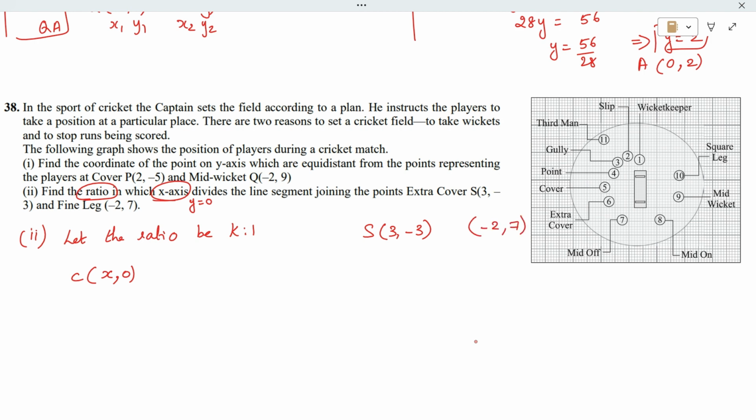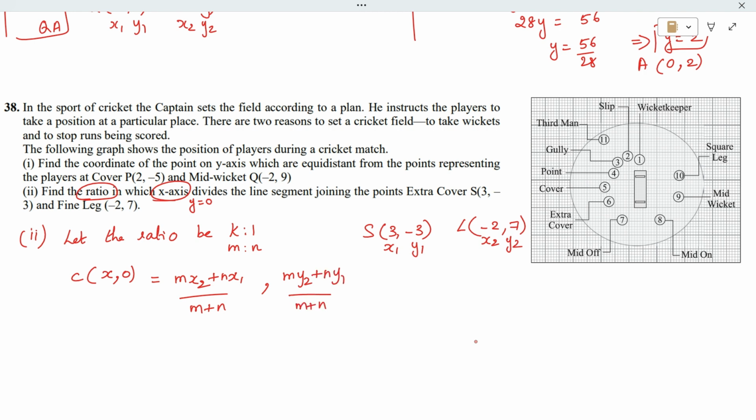Let me take this as maybe N, and now I can mention the coordinates x1, y1, x2, y2, and the ratio will be m is to n, isn't it? That is k is to 1. So (x, 0) is equal to, I'm applying the formula (mx2 plus nx1) by (m plus n), and the y coordinate will be (my2 plus ny1) by (m plus n).